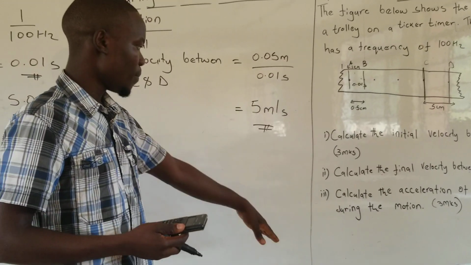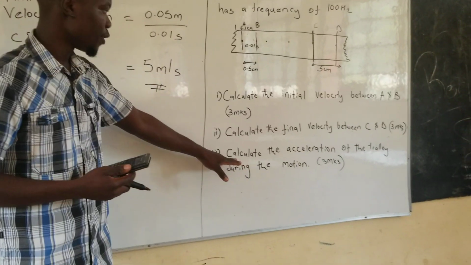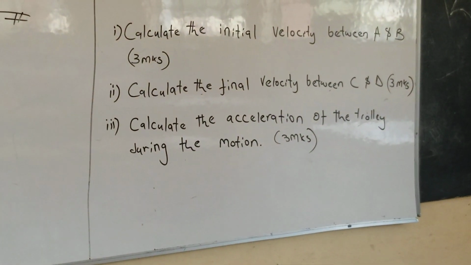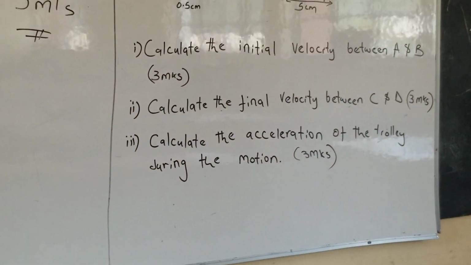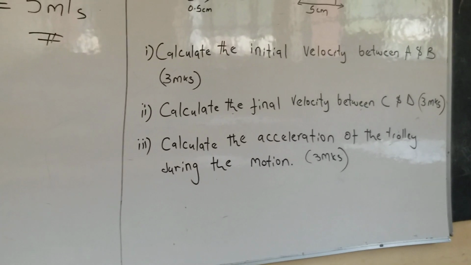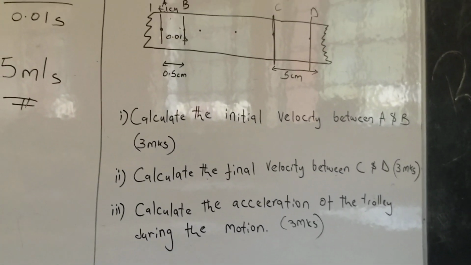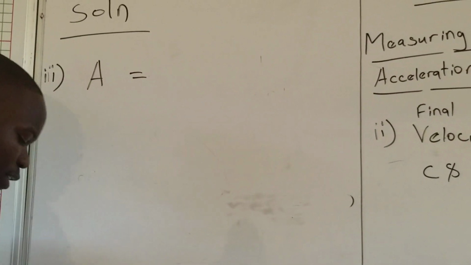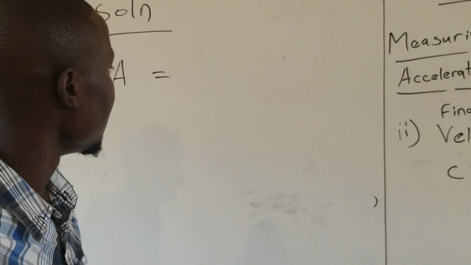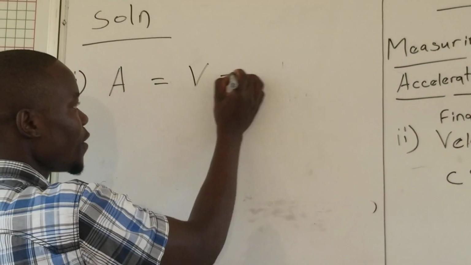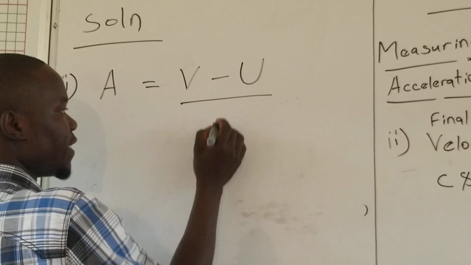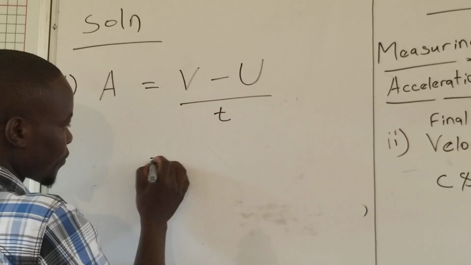Then quickly I'm moving to part 3, that is, calculate the acceleration of the trolley during the motion. So this is Roman 3. Now, we always know that acceleration is final velocity v minus initial velocity u over the time taken.